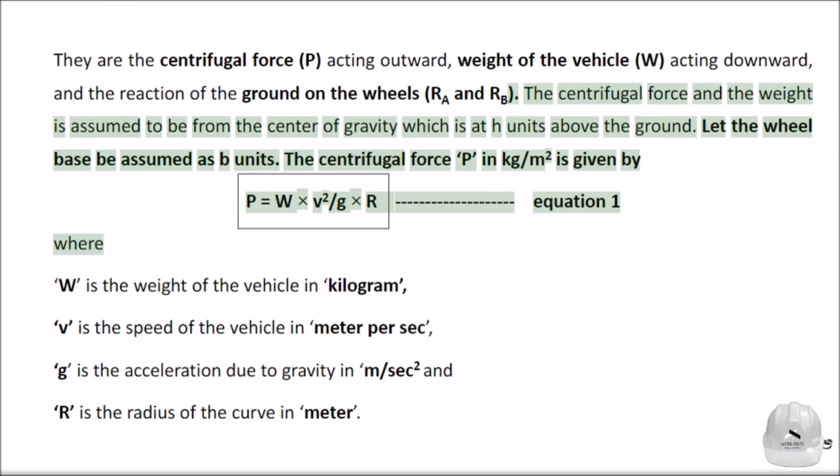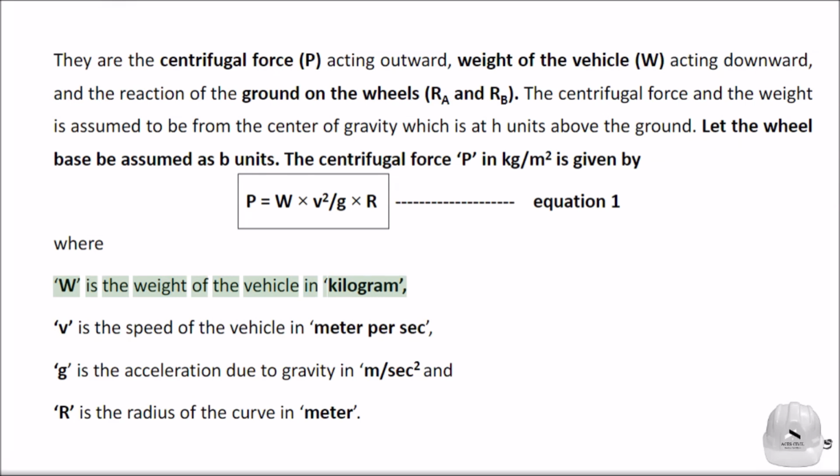The centrifugal force P in kg is given by P equals W times V squared divided by g times R, equation 1, where W is the weight of the vehicle in kilogram, V is the speed of the vehicle in meter per second, g is the acceleration due to gravity in meter per second squared, and R is the radius of the curve in meter.